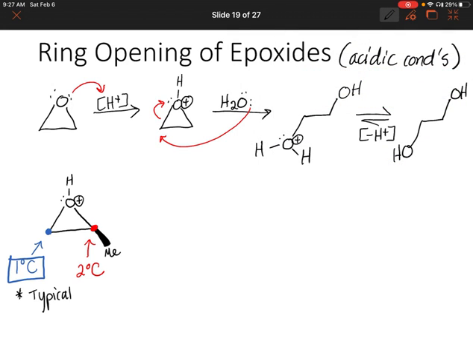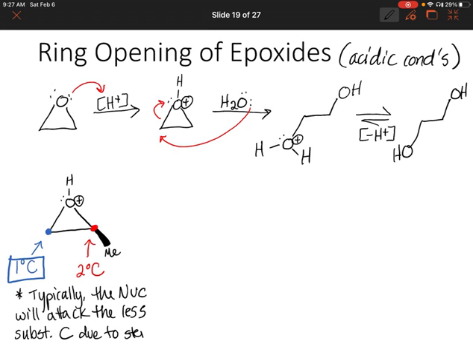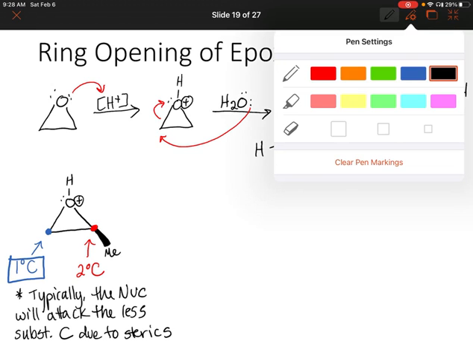Typically, the nucleophile will attack the less substituted carbon due to sterics. And this is true for both acidic and basic conditions. So let's see, let's make a note somewhere.